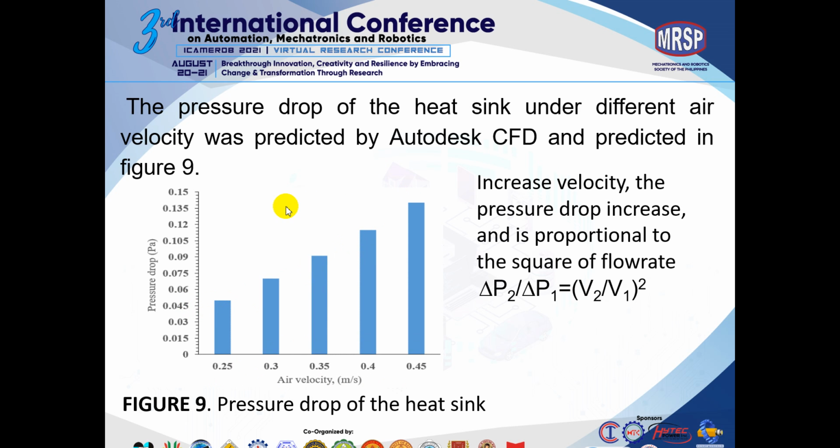You know that if the pressure increases, the fan power will increase too. Therefore, you use a lot of energy. And as we increase the velocity, the pressure drop increases and is proportional to the square of the flow rate.